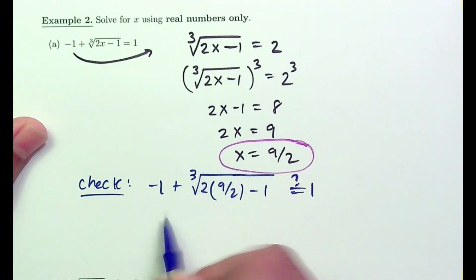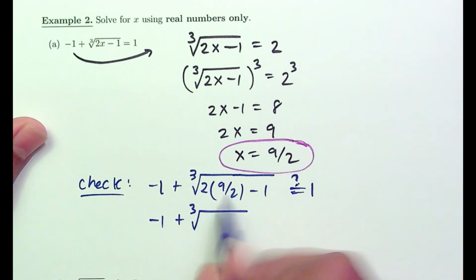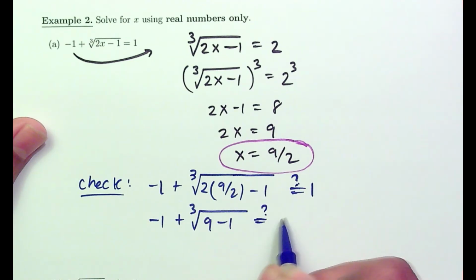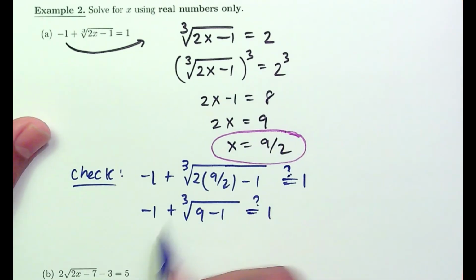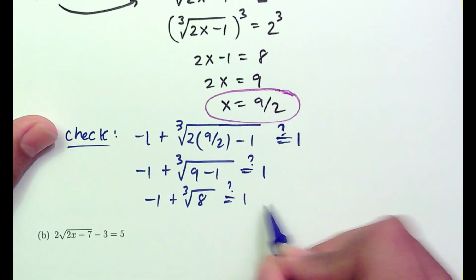So this is -1 plus cubic root of, you cancel the 2's, you get 9 minus 1, question mark, is that equal to 1? Cubic root of 8, is that true? Cubic root of 8 is 2, and -1 plus 2 is 1 indeed. So yes, this is true.